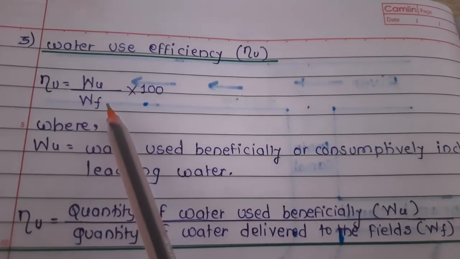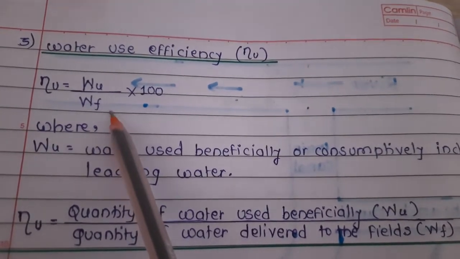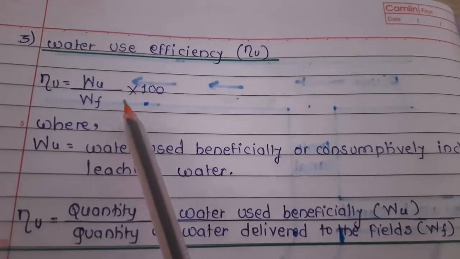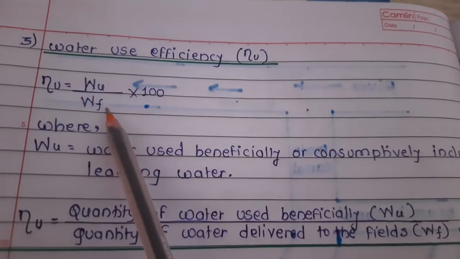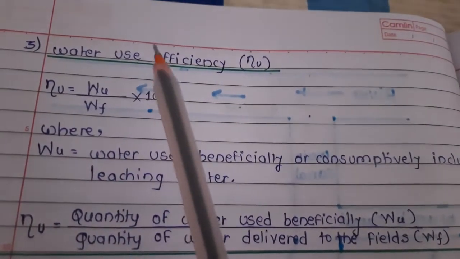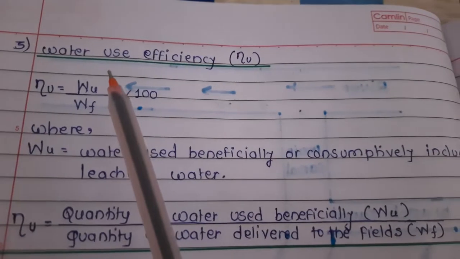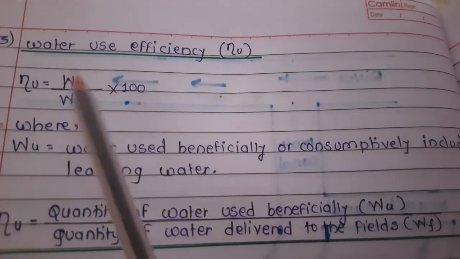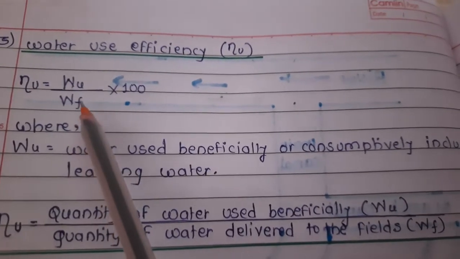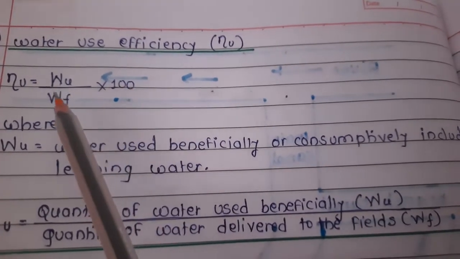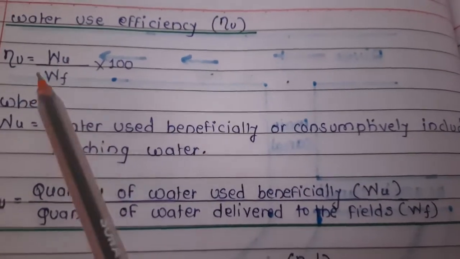We know, water delivered to the field. What we consider? 150 liters of water is delivered to the field. Consider only 90 liters of water is actually used by crops. Hence, 90 divided by 150 into 100 is the water use efficiency.